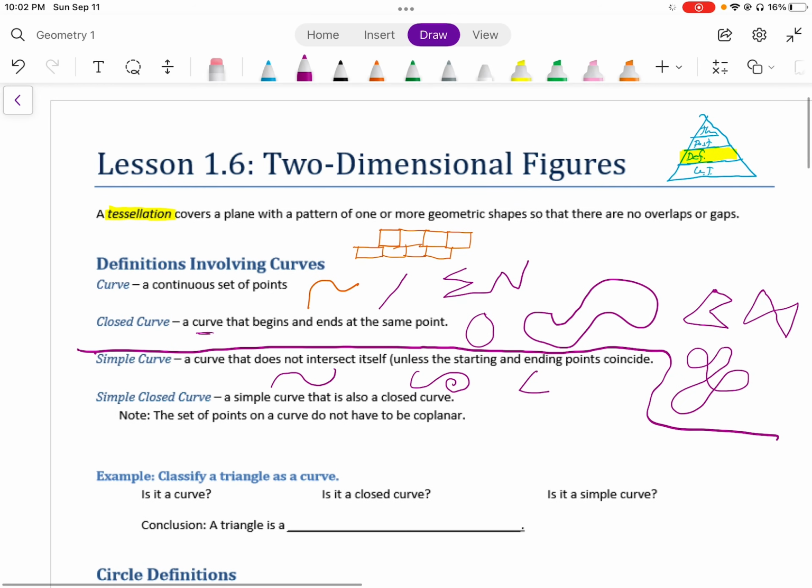So we could have a simple curve that looks like this, and that simple curve happens to also be a simple closed curve. So a simple closed curve, our last one, is a simple curve that is also a closed curve. We actually sketched a few of these already. All these highlighted ones here are simple closed curves.